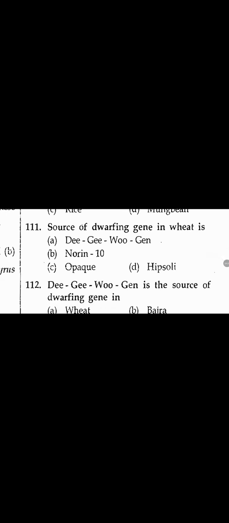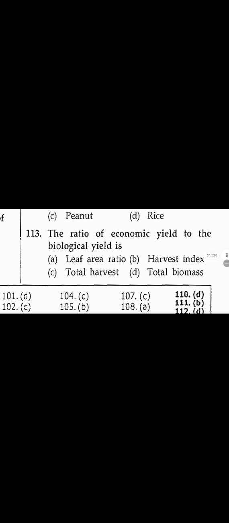Question number 111. The source of the dwarfing gene in wheat is, option B, Norin 10. Question number 112. Dee-geo-woo-gen is the source of the dwarfing gene in rice. Question number 113.